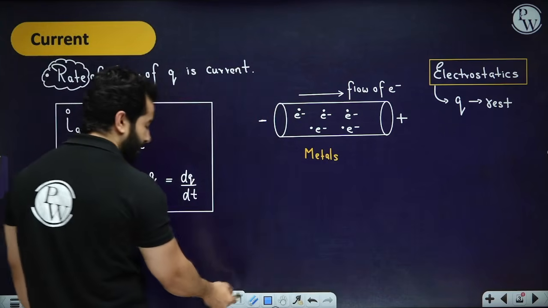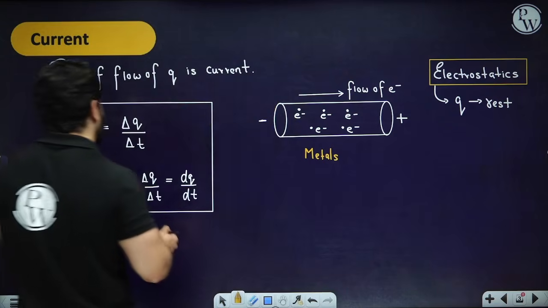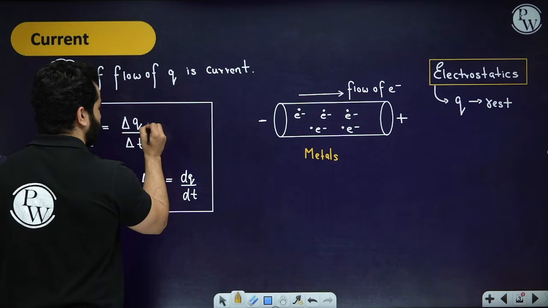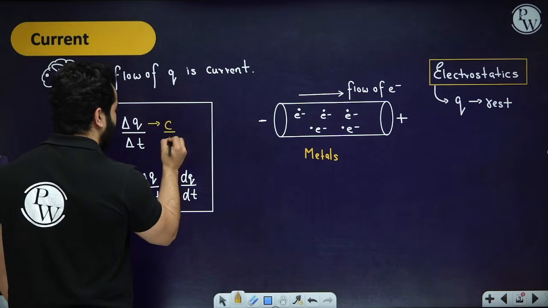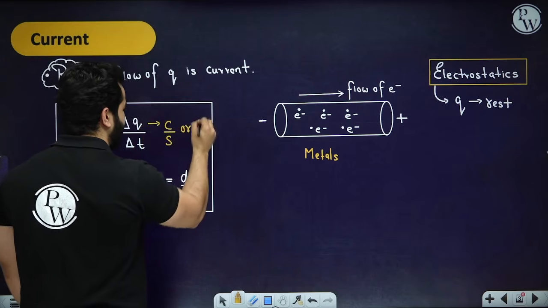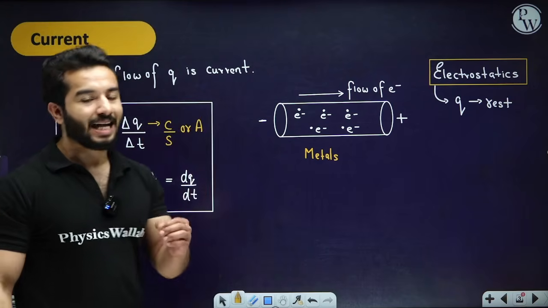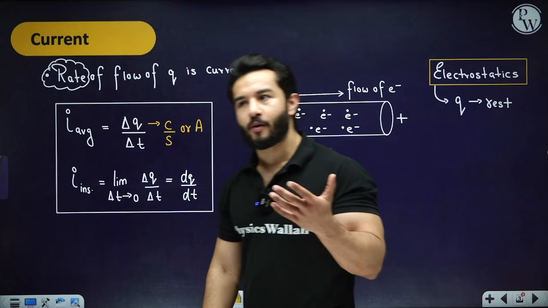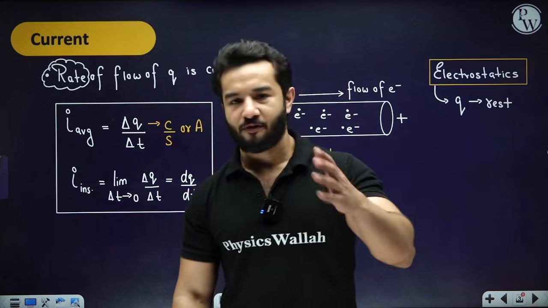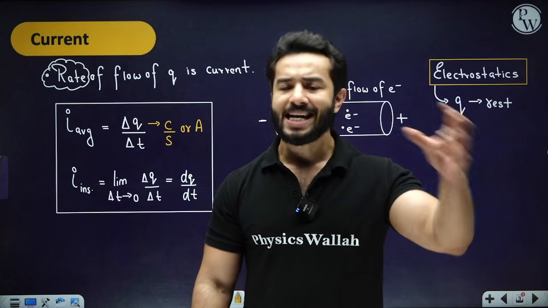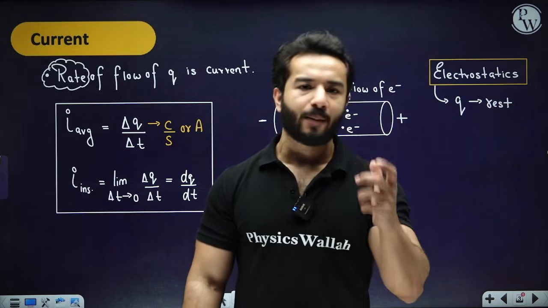Now, what are the different things regarding current? The SI unit of current is coulomb per second, known as ampere. Current is a fundamental physical quantity, and ampere is a fundamental unit.